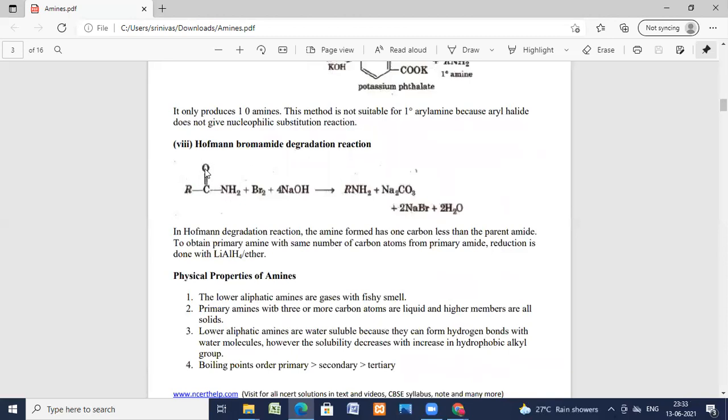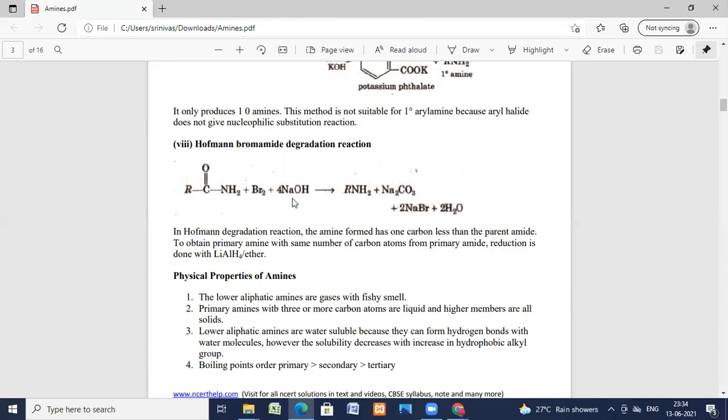So this CO group is eliminated, therefore RNH2 group is formed in presence of bromine and sodium hydroxide. So our amide gives amine in the Hoffman bromamide degradation reaction. One CO group is degraded. Sodium carbonate, sodium bromide, and water are formed.